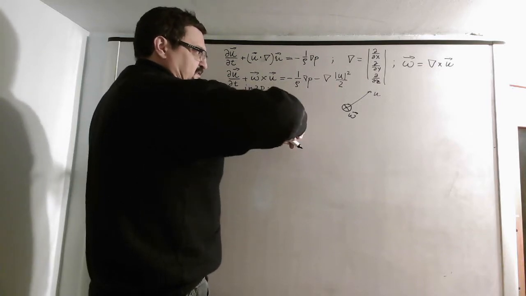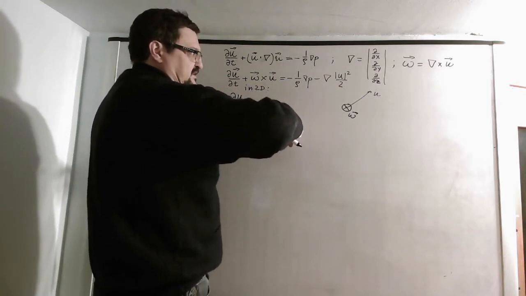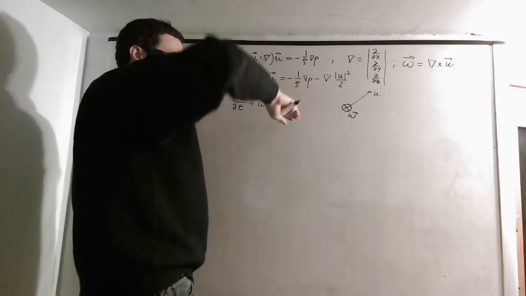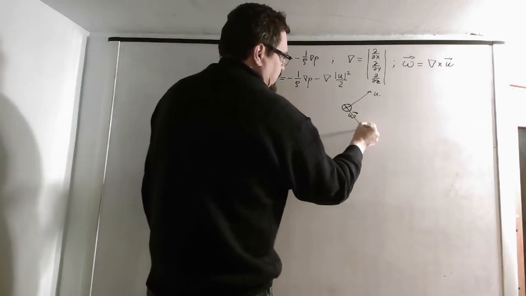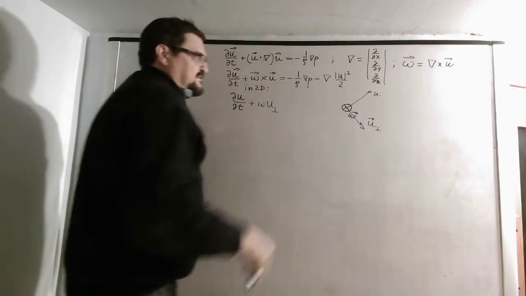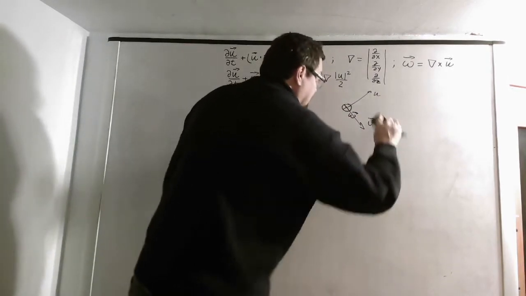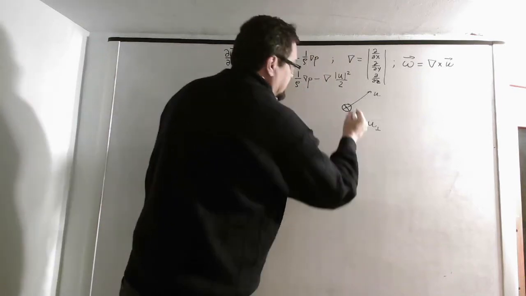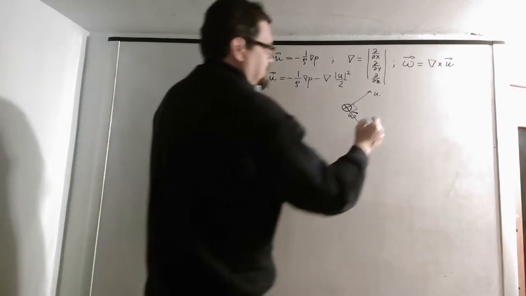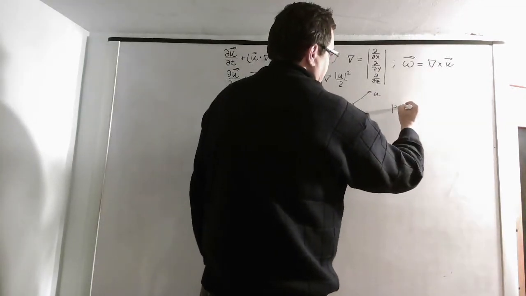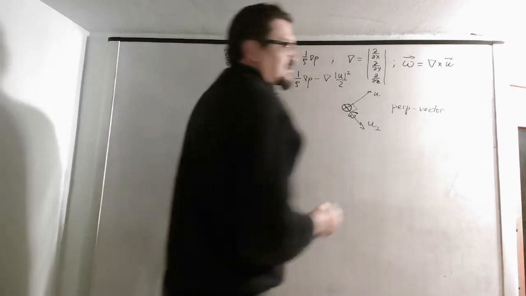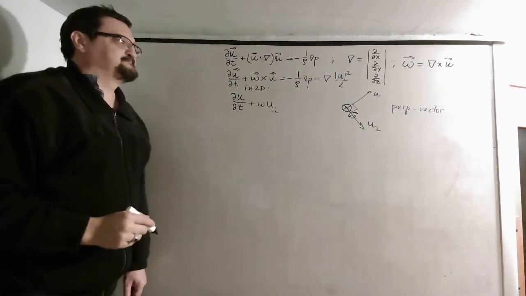You remember the rule for how to compute the vector product direction. You rotate it like this. So u perpendicular to the vector is going to be in this direction. So it's perpendicular. It's sometimes called just the perp vector, short for perpendicular vector to your vector.